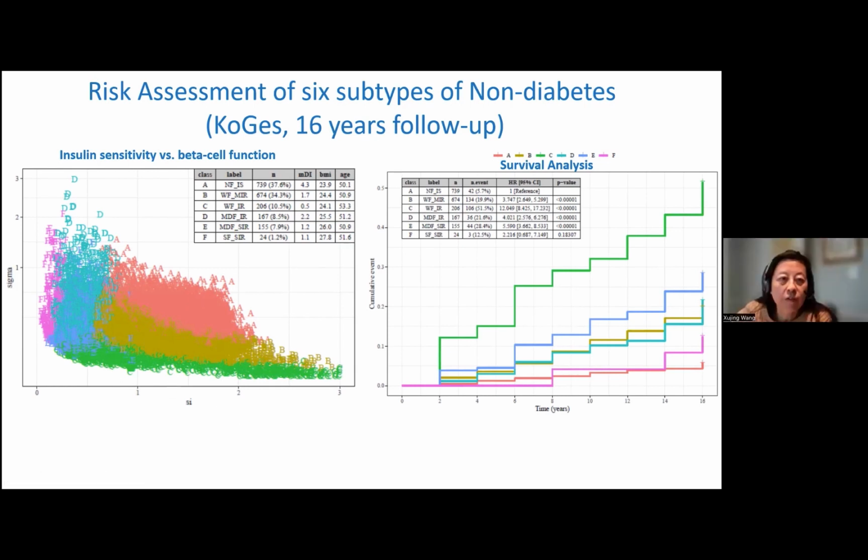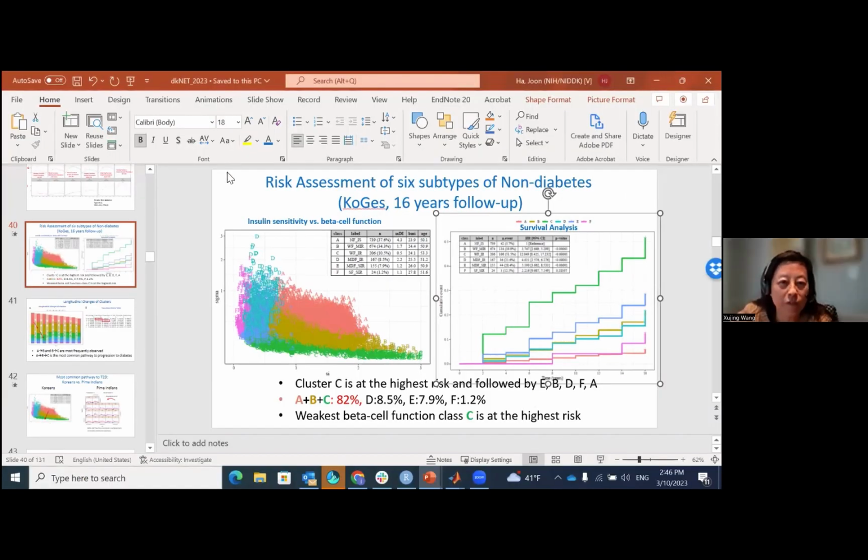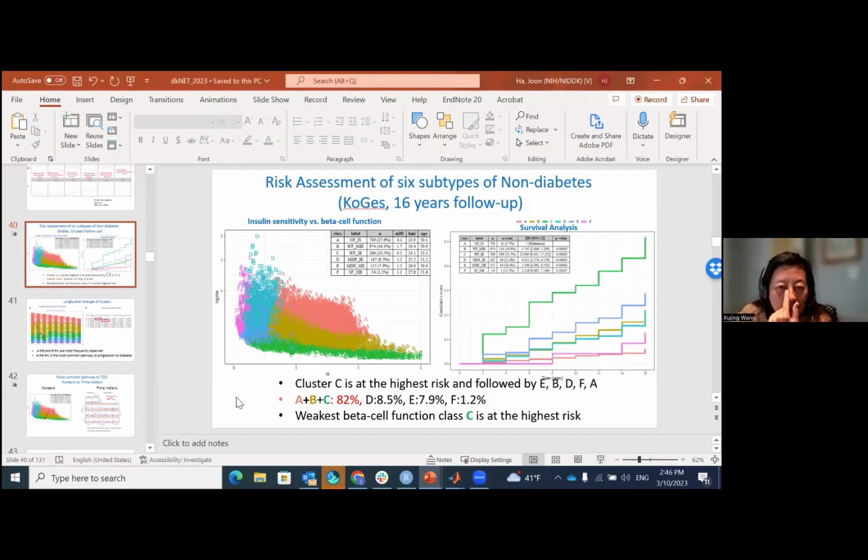I see. Good. Wonderful. I have a second question, which is probably a bit bold. I'm very impressed by the fact that you can get a pretty good estimation of beta cell function from a glucose tolerance test.